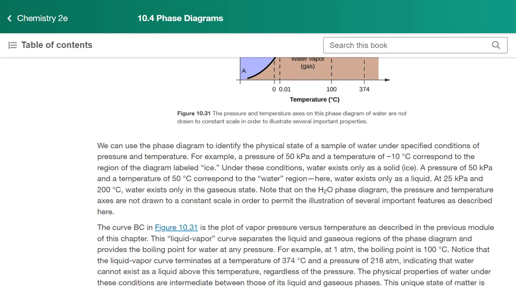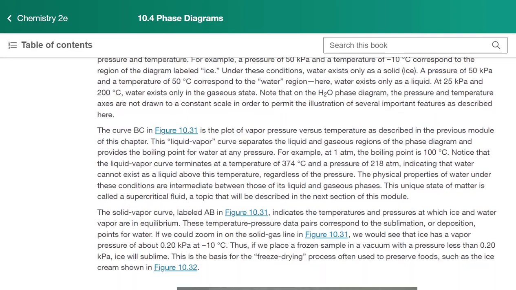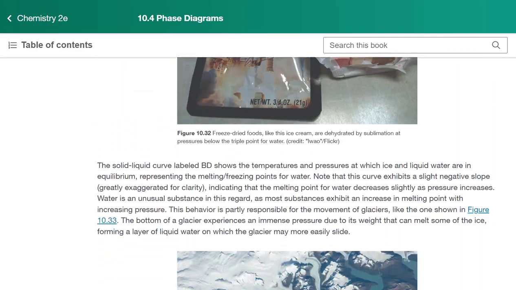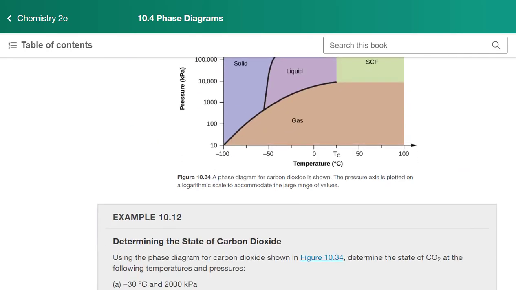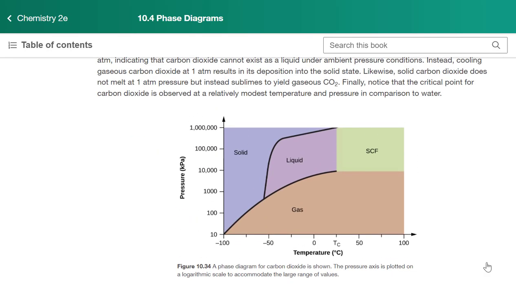I want to contrast this with another one, and then we'll be done with this section, and that is for carbon dioxide. So in carbon dioxide, we see that we do have the liquid line angling up to the right. So again, solid more dense than liquid, as we would expect for most things.